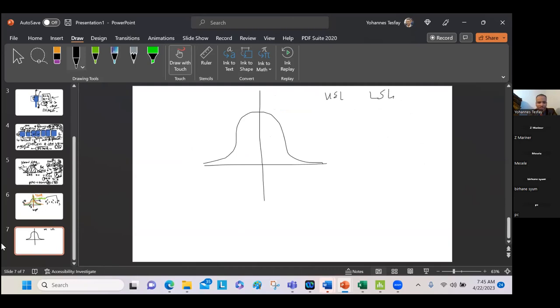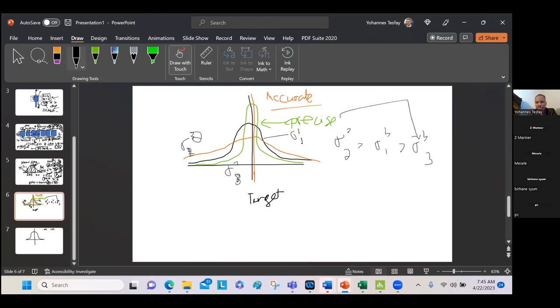So the point is how to reduce this spread. If you reduce sigma square, the process will be more adequate, isn't it? It will be a good process.